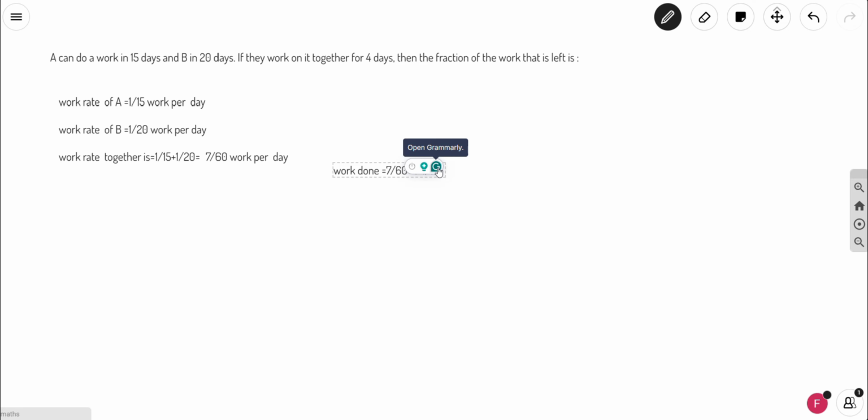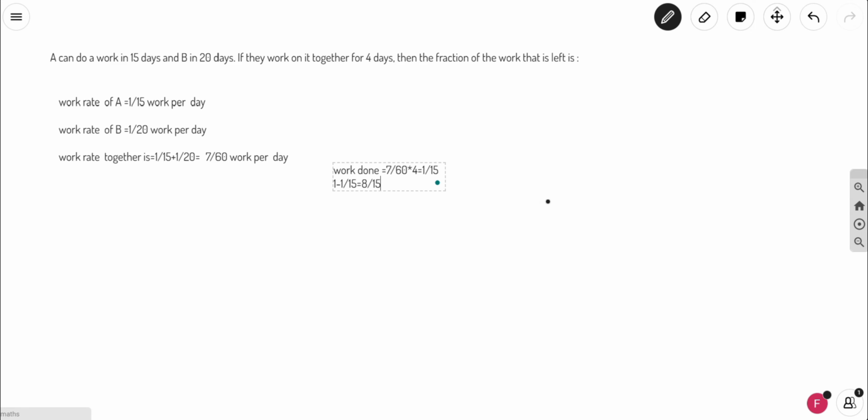Work done is equal to, the formula for work done is work done is equal to time into work rate. So work done is equal to 7 by 60 into 4. Why 4? Because the time taken by them working together is 4 days.